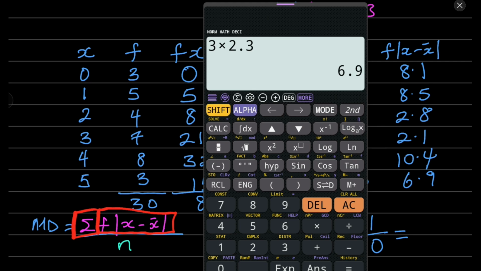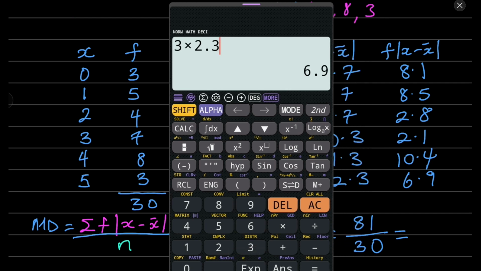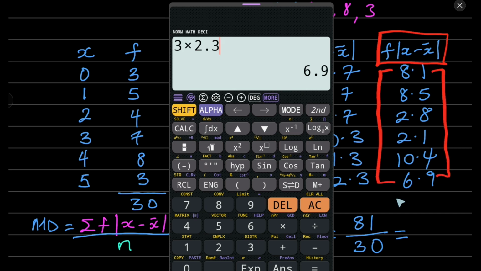That's what the formula says. So let's do as the formula dictates. This is the f times the absolute deviations. Then we can just sum them up.